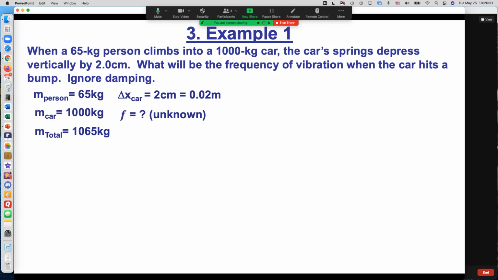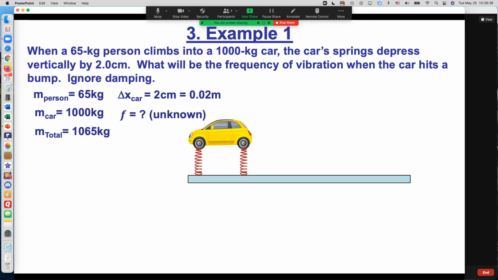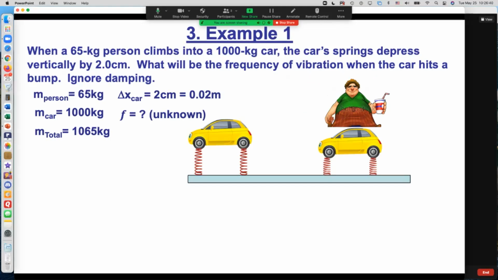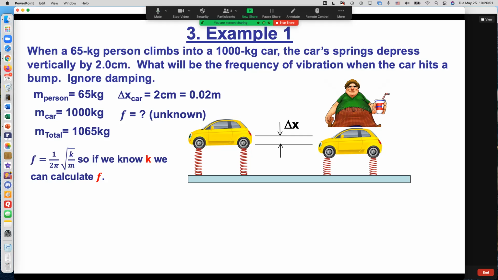The frequency is unknown. Frequency is 1 over 2 pi root k over m. So if we know k, we can calculate f, right? But we don't know k at this point.